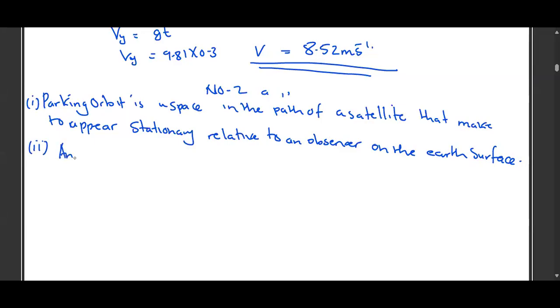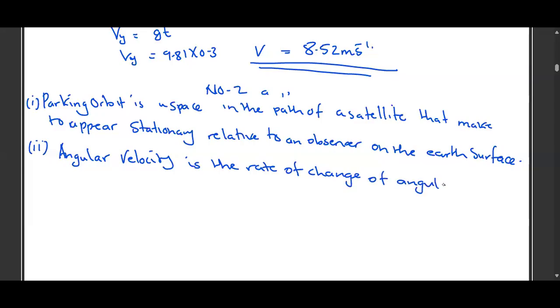Angular velocity is the rate of change of angular displacement. That is angular velocity. And the last term, they want us to define centripetal force.